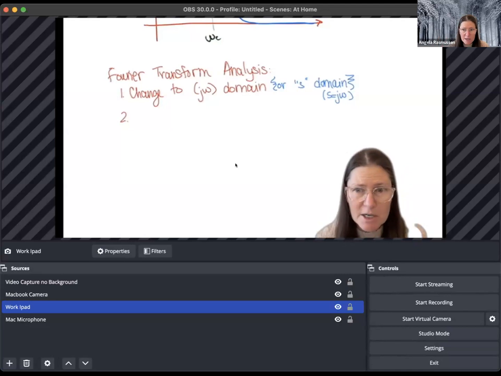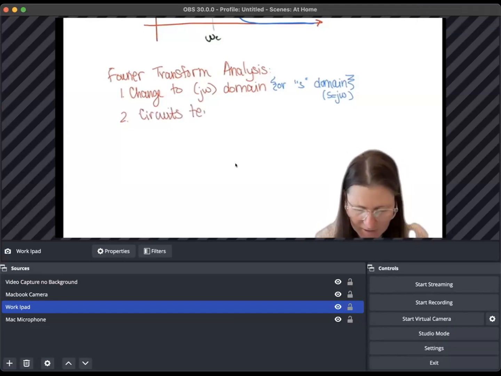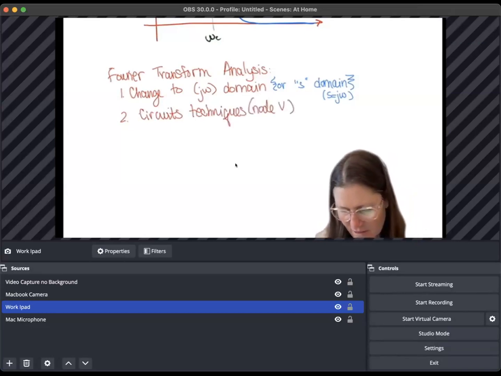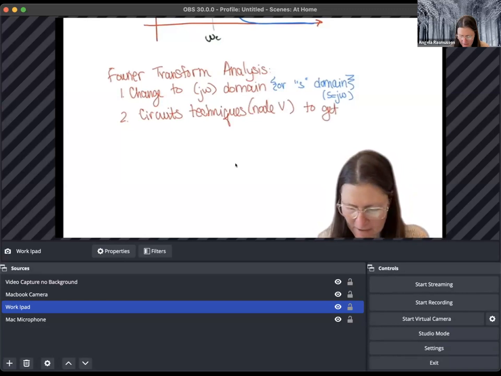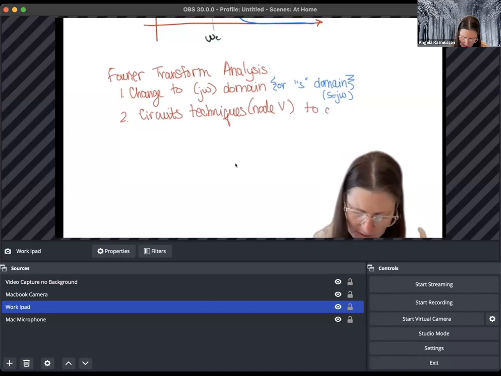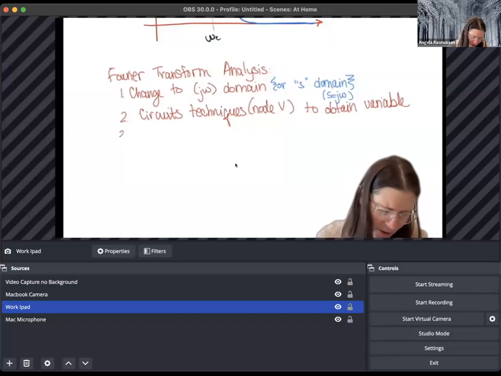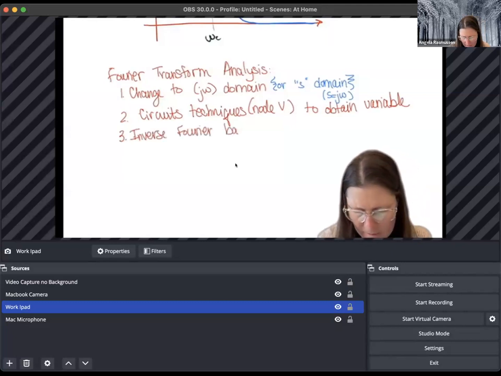And so from here, you use circuit techniques. Usually I use node voltage to get whatever variable you want to obtain. And then from there, you do an inverse Fourier back to the time domain.